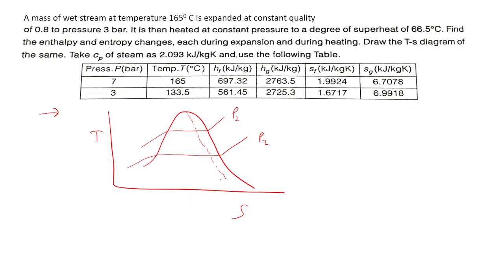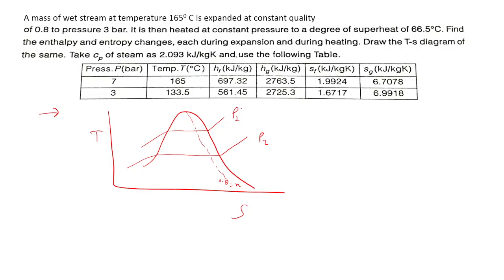Means X is 0.8 for all of this. So it expanded at quality 0.8 to a pressure of 3 bar.